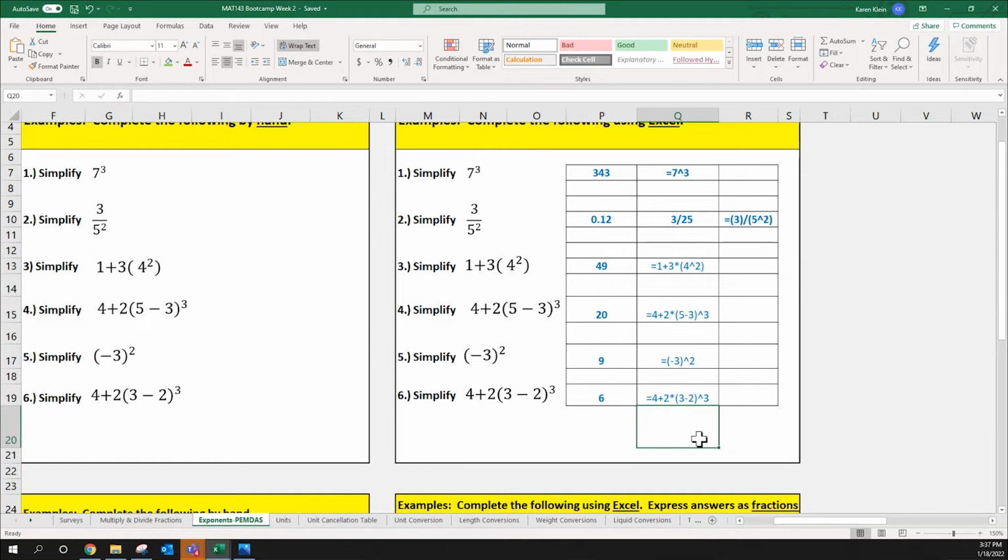So notice that in Excel, using Excel as our calculator, basically the work is just you putting the information into that cell. So we do have to practice manipulating in Excel. If you want to edit, you can also edit using that formula bar up here once you've entered it in, if you needed to manipulate it.